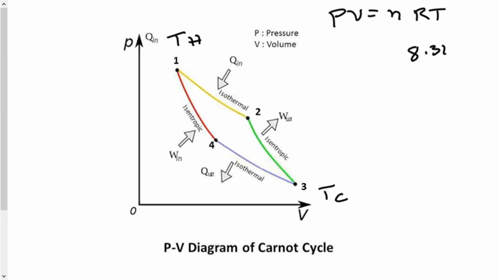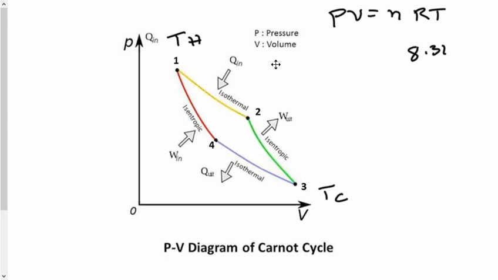Okay, so what's the process with this? The first one is an isothermal expansion as the gas expands against an external atmosphere. So isothermal means that the temperature will not change. So let's look at our equation here.